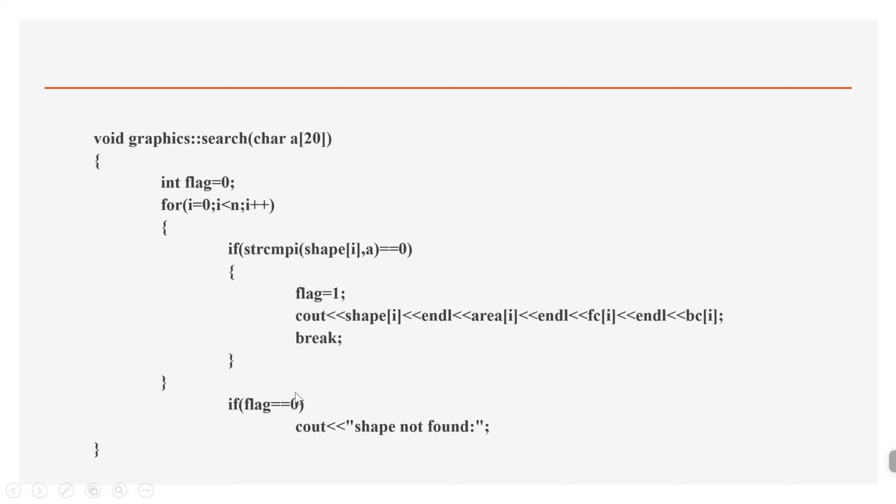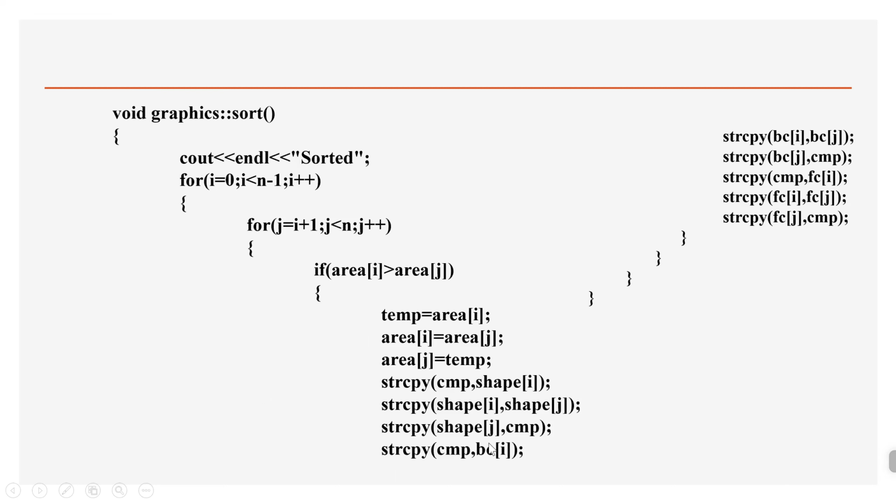If it is 0, then say shape is not found. So searching means there are two options. Either the shape is found, when you compare the string of this particular shape with the given string and it is true, so give the details of the shape. If this condition is not satisfied, the flag is 0, say shape is not found.